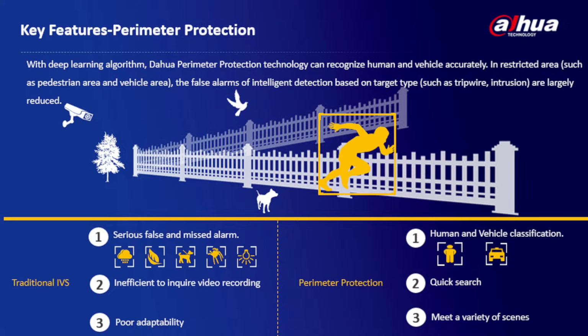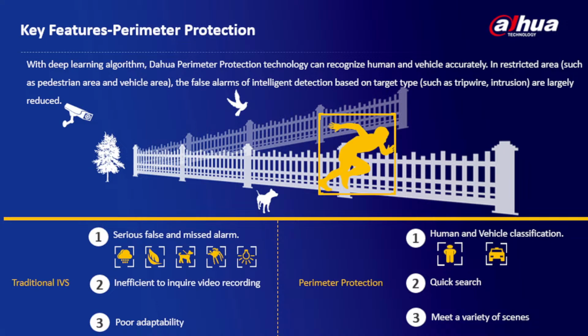But if you are using WizSense cameras with AI features, you can draw a line. If any target or any object crosses that line, it will give you a real-time alert. You can have a sound like a siren, or a mobile phone notification, so you can get an instant alert. So within that time you can secure your premises, and you can take the necessary actions to prevent the damage or stop the crime.